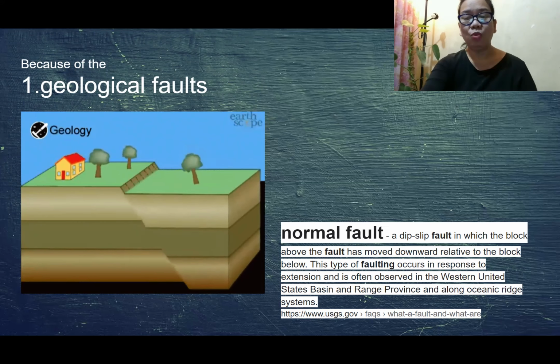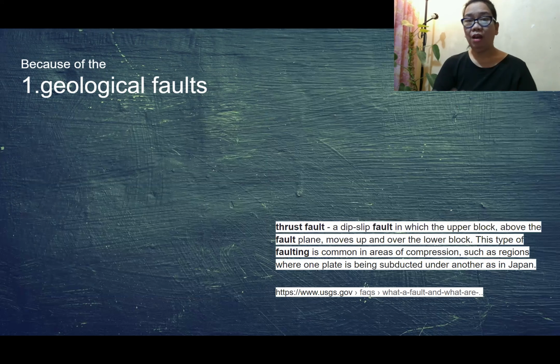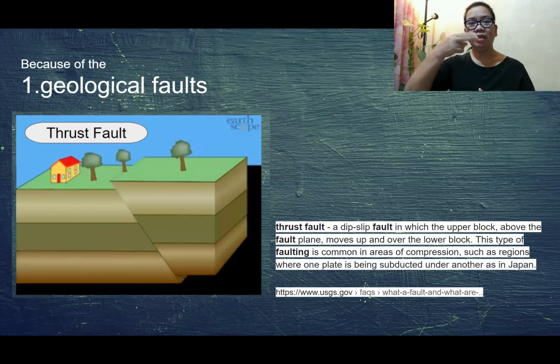Now, another type of geological fault is the thrust fault. It is a deep slip fault in which the upper block moves above the faulting. It moves up.